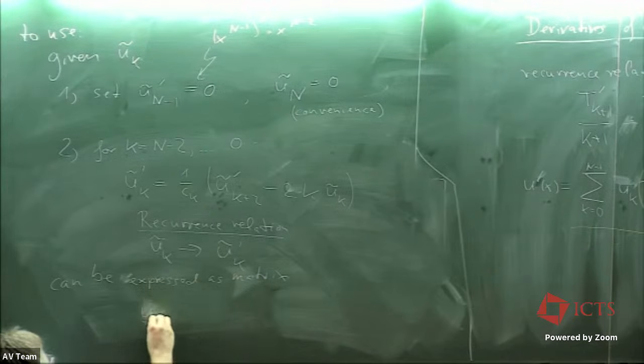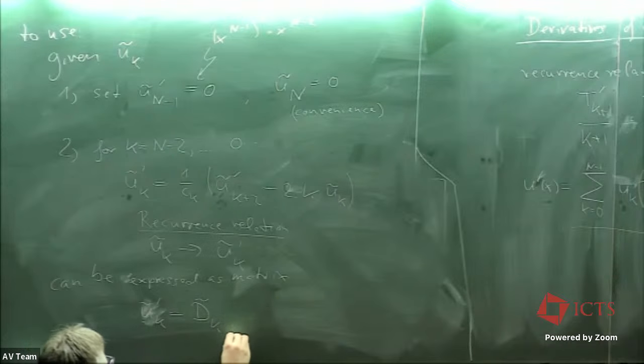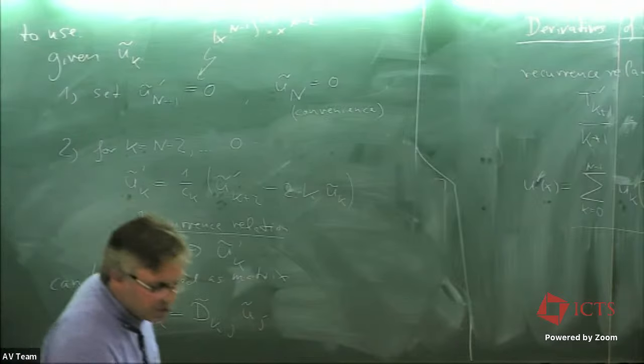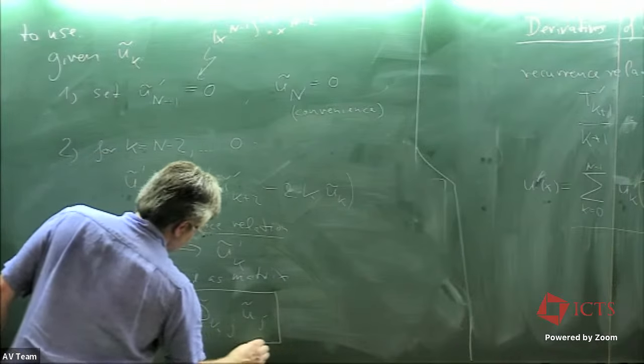We can write the U delta prime K as a matrix D delta K J, U delta J. And at that point, we are back down to the situation that we have everything as matrices.